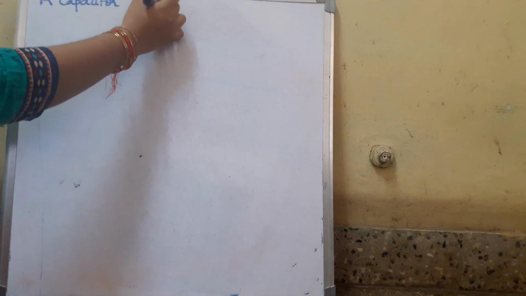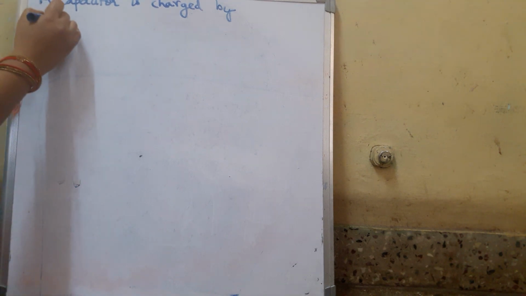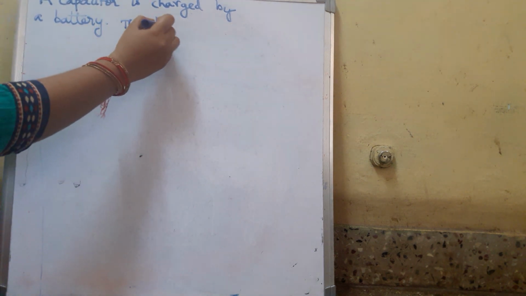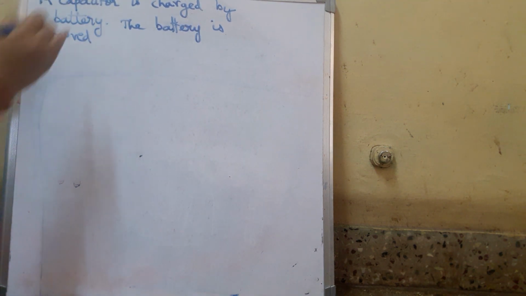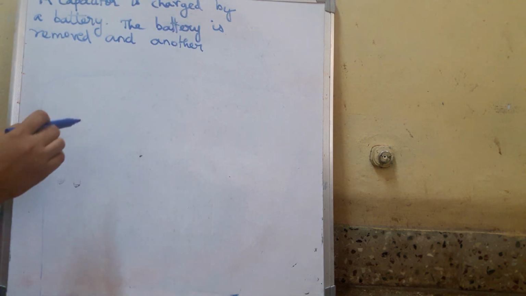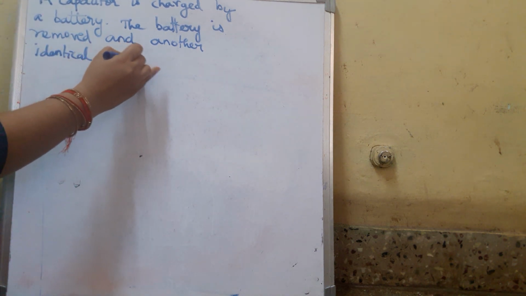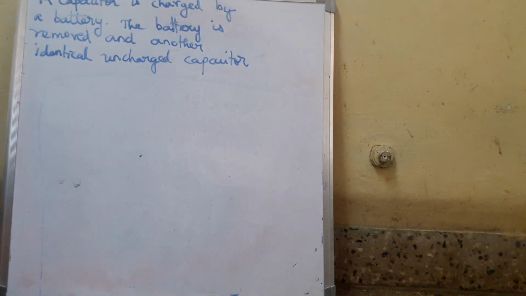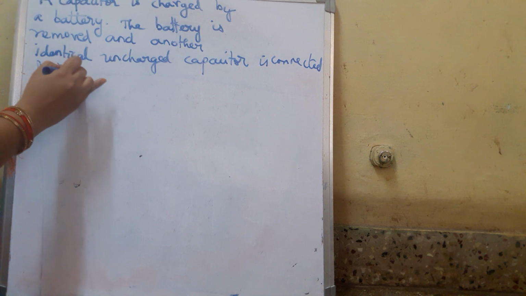A capacitor is charged by a battery. The battery is removed and another identical uncharged capacitor is connected in parallel.